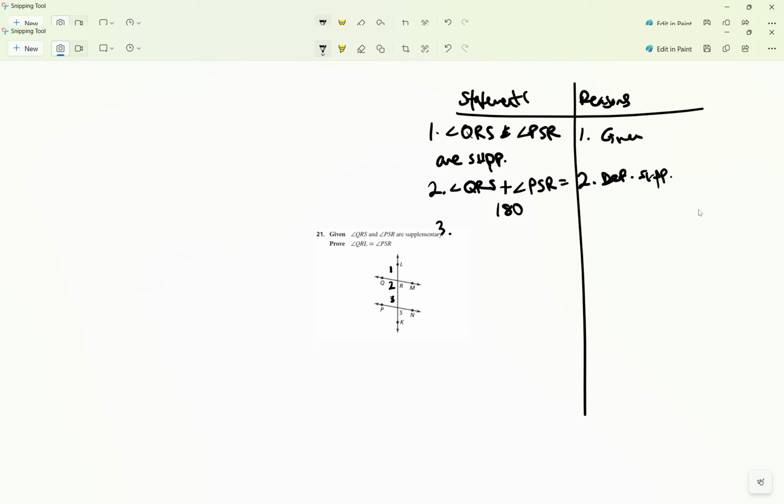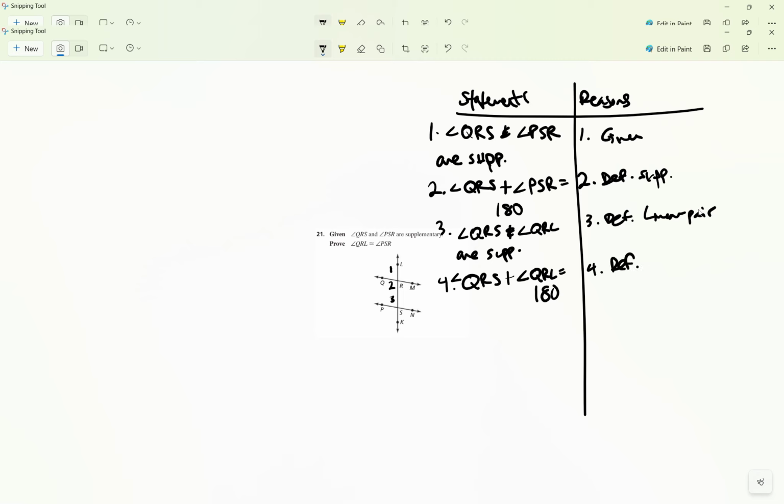Well, I know these guys have a relationship, which is that angle QRS and angle QRL are supplementary. And I know that for a fact because they are a linear pair. Therefore, QRS plus QRL equals 180. And that's the definition of supplementary. Now, I actually never needed to take this step.